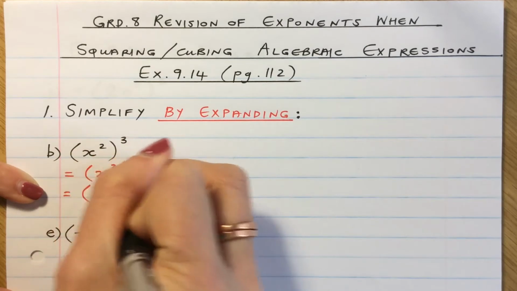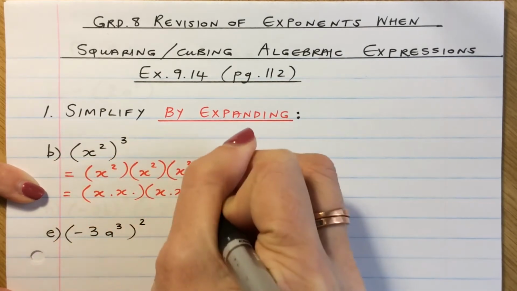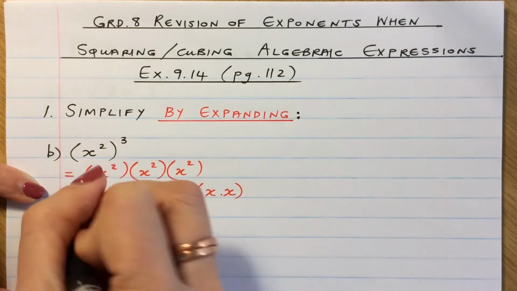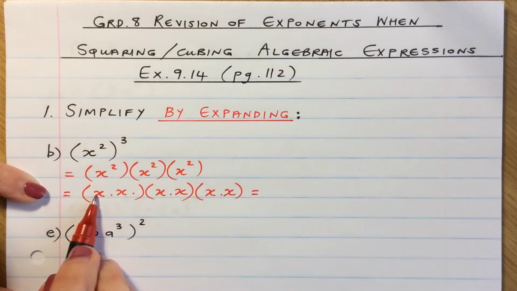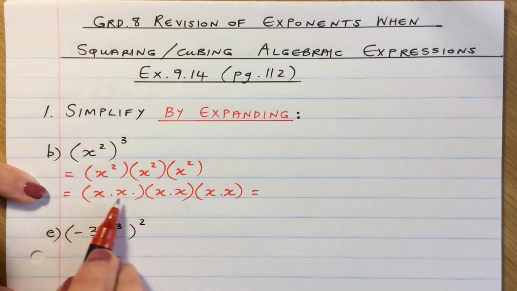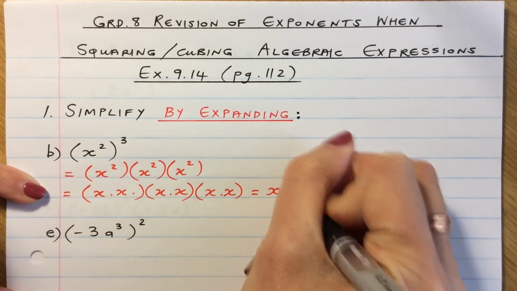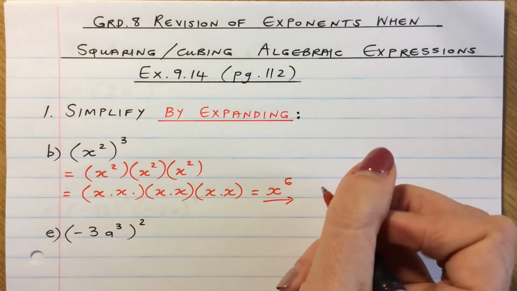So what we actually have is this. And then I can see I don't have enough space here, so I'm just going to write across. Then I count up all my x's, and I can see that I have 6 of them all together, and so my answer is going to be x to the power of 6.